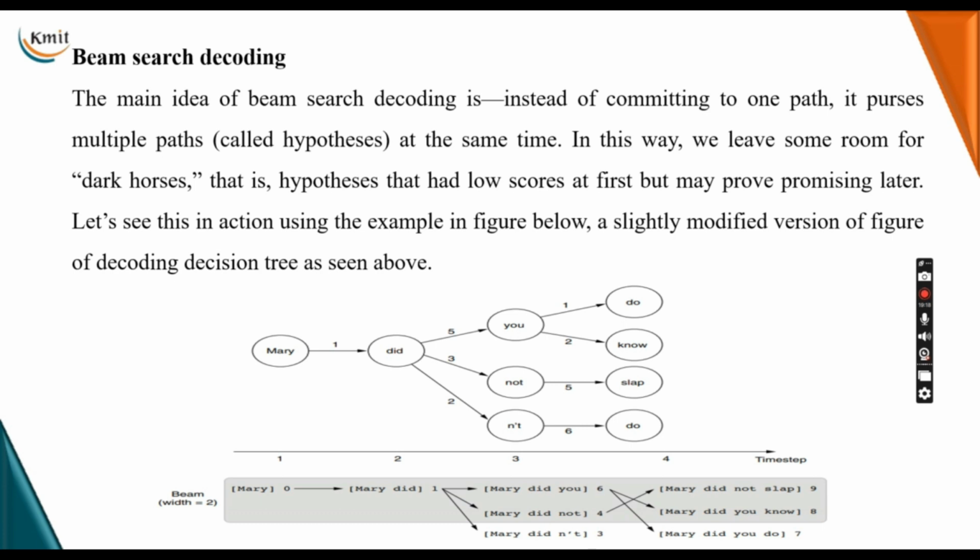Mary did you, Mary did not, Mary did in. So these are the 3 different possibilities. If you have multiple words to choose from at a particular time step, a hypothesis can span multiple child hypotheses. So here in time step 2, we have 3 different choices: you, not, in. We generate 3 new child hypotheses with different scores: 6, 4 and 3.